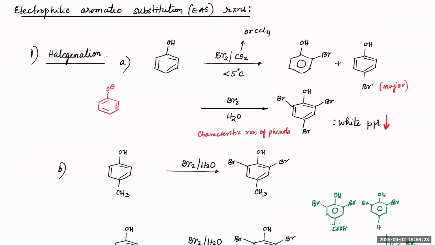Now let's see what the EAS reactions of phenol are. Phenol, when you react with bromine in CS2 or CCl4, here Br plus is not directly available, because it is a non-polar solvent and cannot create these ions.